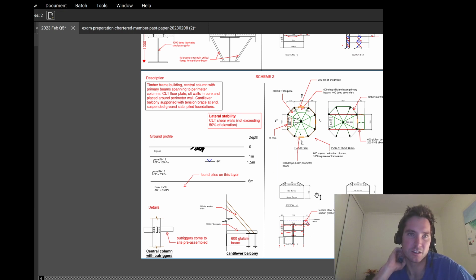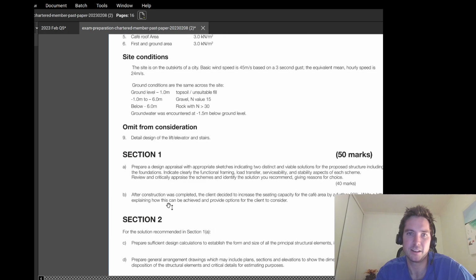It's not a change to the design, it's a modification after construction. So just pay attention to the time frame of when this change has been asked, because as we know, we can change our design before things are built, but once things are built, we're left with what's out on site.